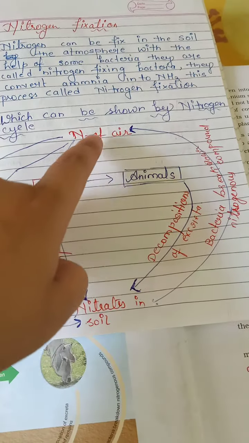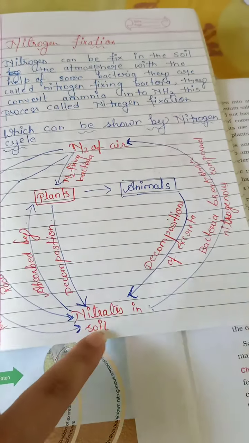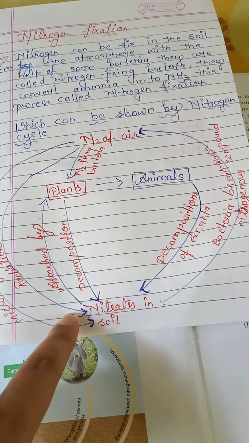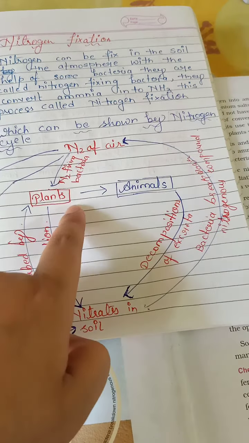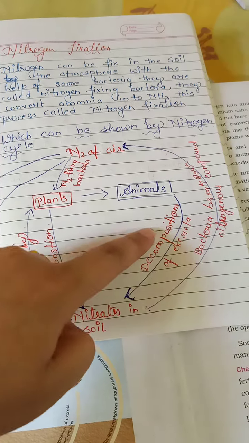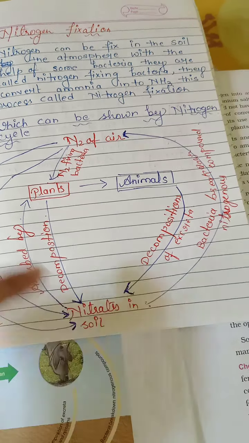By these methods, nitrogen comes into the soil: by plants with bacteria in the form of root nodules, and by animals that eat the plants, when they die and decompose.